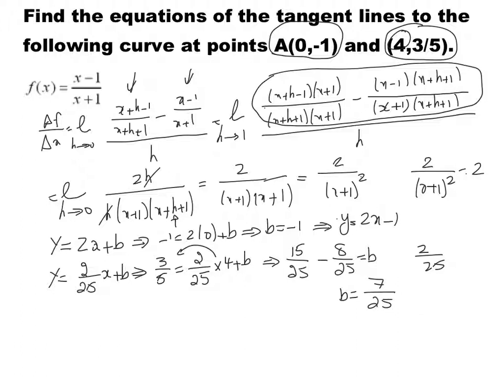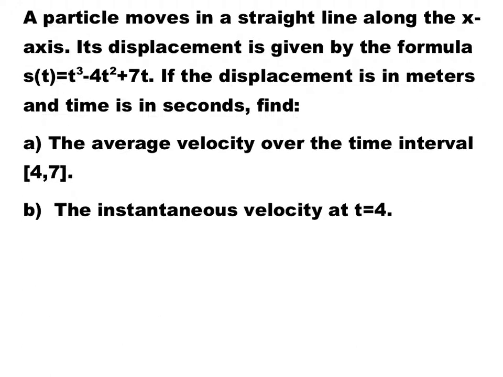So b becomes 7 over 25. So my equation becomes y is equal to 2 over 25 x plus 7 over 25. The next question says, a particle moves in a straight line along the x-axis.